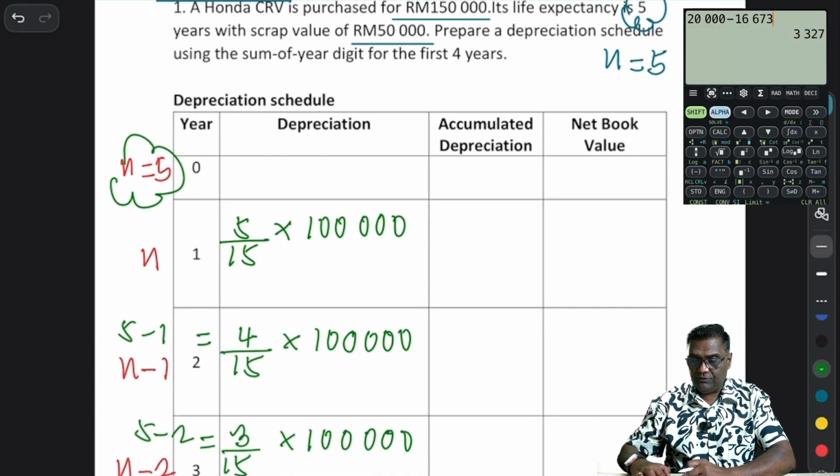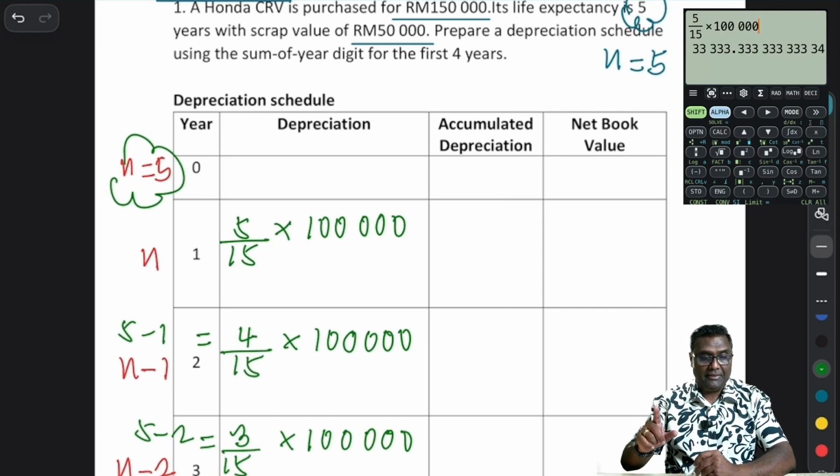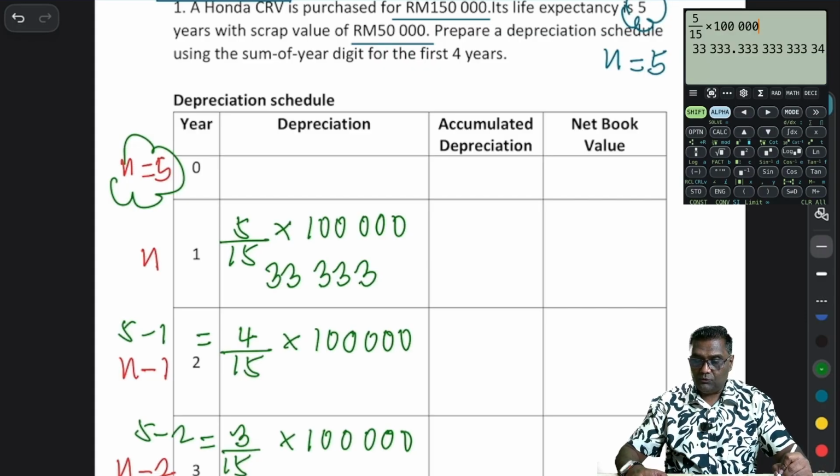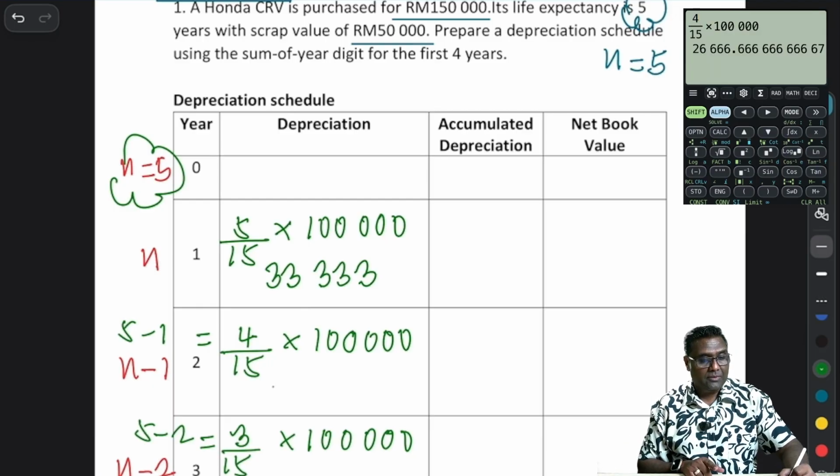5 over 15 times 100,000. 33,333. Again, I repeat, no decimal. Now I go for the next one. I just change the value here to become 4. 26,667.